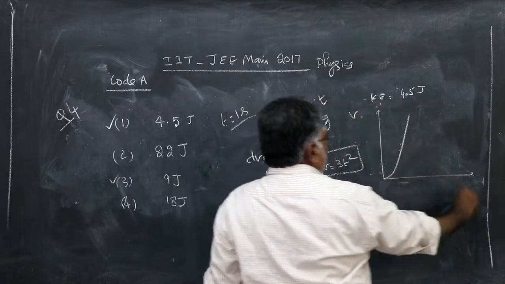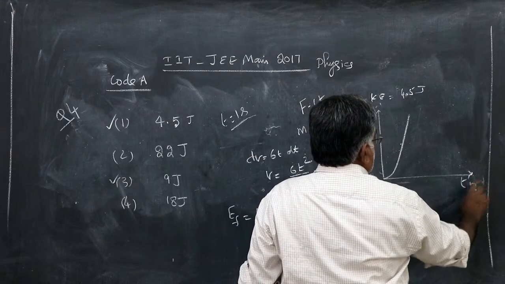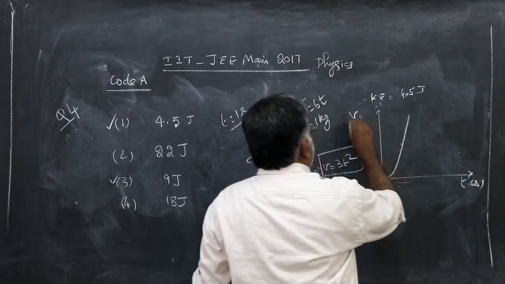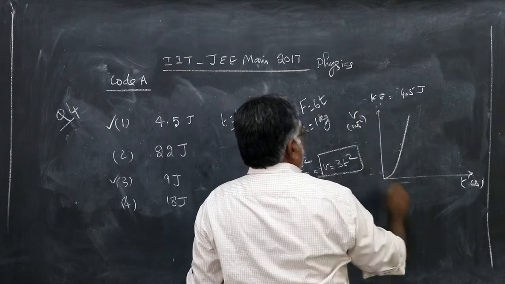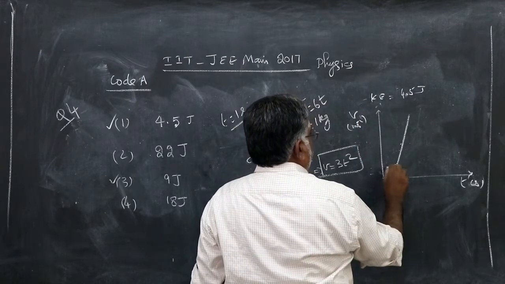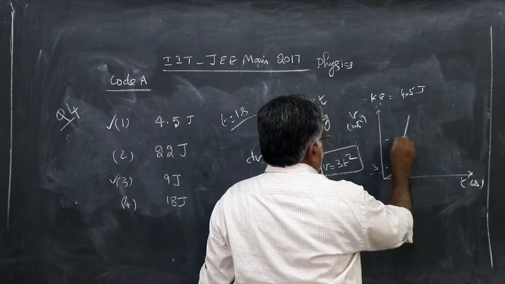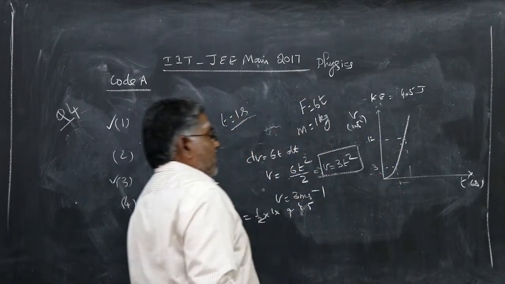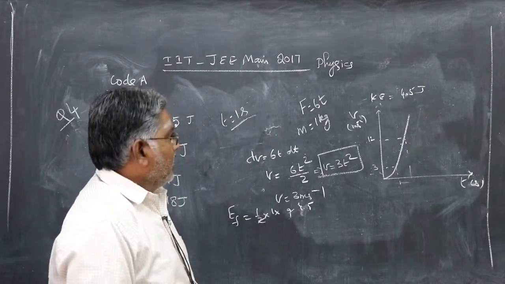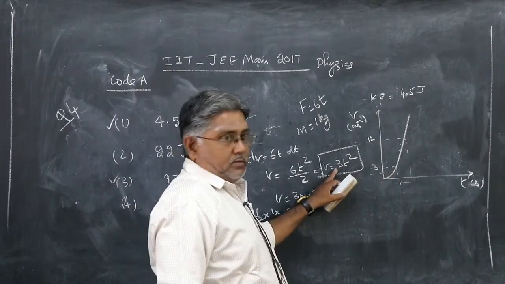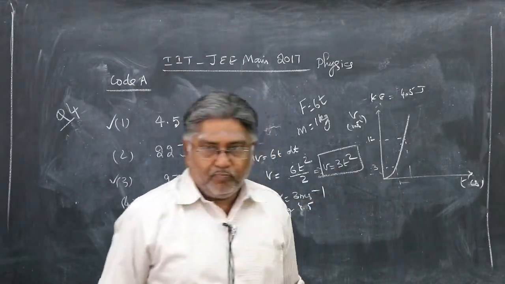Okay, v and t in seconds, v in meter per second. At 1 second, this is 3, at 2 seconds, it will be 12, it's parabolic. So this is the graph of velocity versus time.